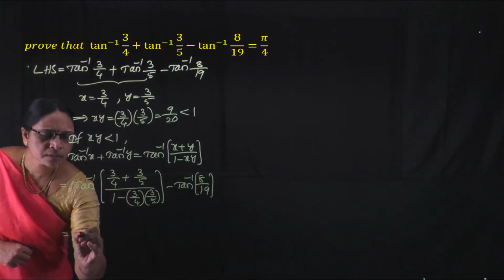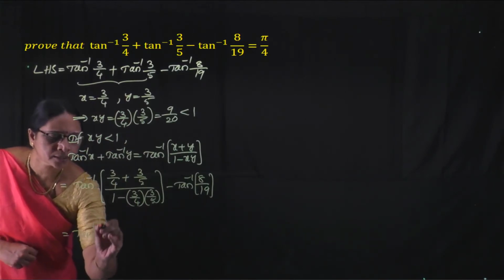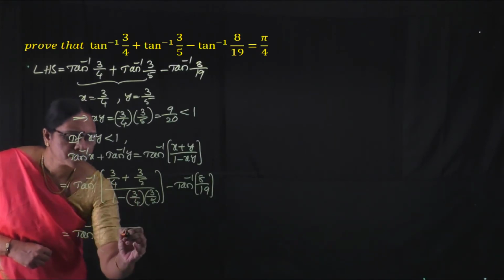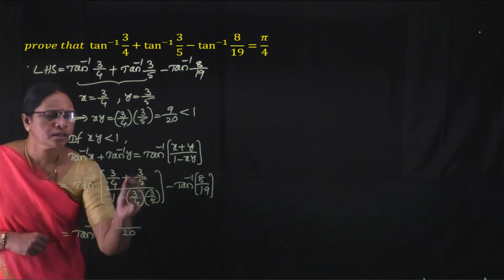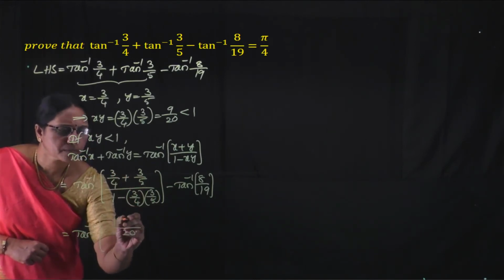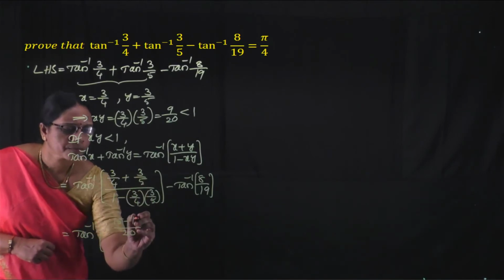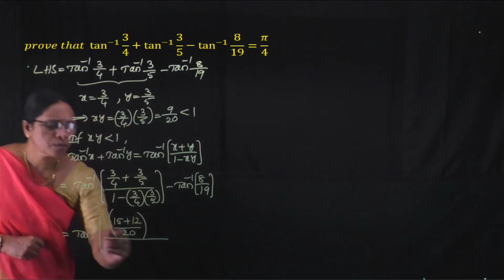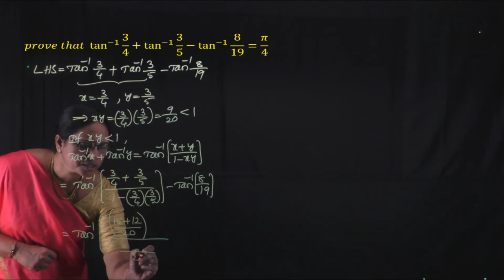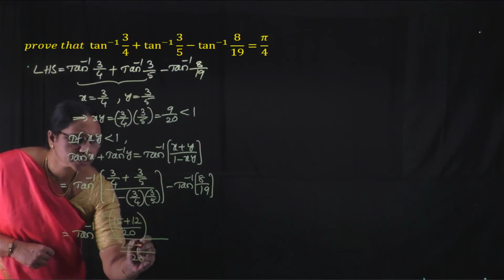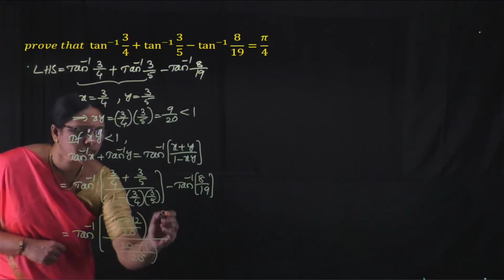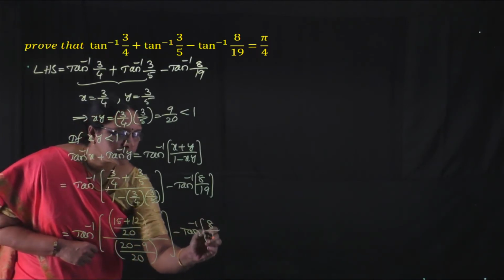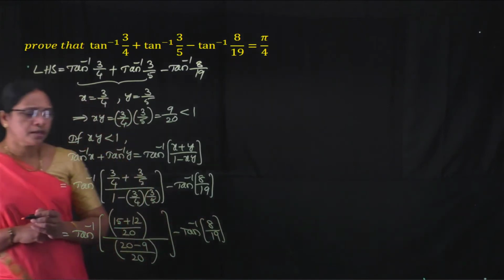Take LCMs in the numerator and denominator. LCM in the numerator is 4 into 5, 20. Here 3 into 5, 15, plus 3 into 4, 12, whole divided by. Take LCM in the denominator also. Here LCM is 20, 20 minus 9, minus tan inverse of 8 by 19.